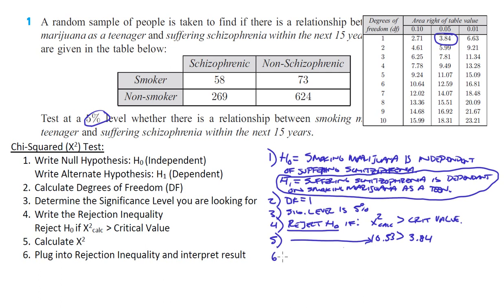So the rejection inequality is true, so we reject H0, and therefore accept the alternate hypothesis, which is this right up here. Okay, so suffering schizophrenia is dependent on smoking marijuana as a teen, according to the data here. All right, moving on.